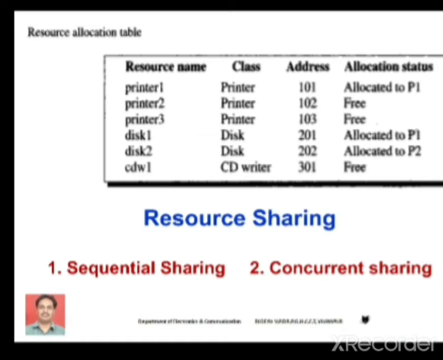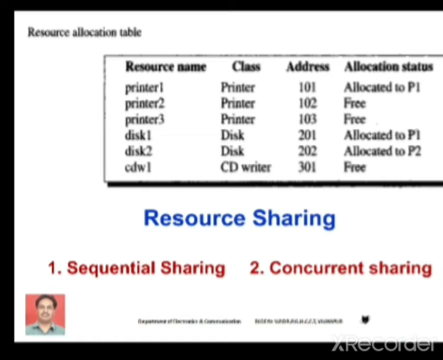So in the first case, the resource is exclusively allocated to a program. It cannot be used by other programs, or it can be used by other programs only when the first program completes usage of the resource. In the second case, the resource can be simultaneously shared by multiple programs.